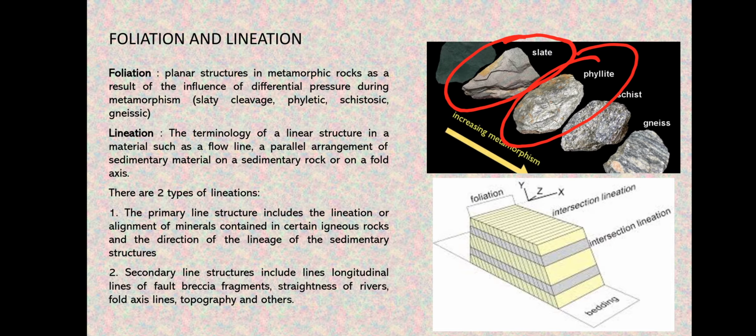So, first is slaty. Generally found in very fine grain, microcrystalline metamorphic rock, which is characterized by the presence of very tight, regular, and parallel planar planes. The rock is called batu sabak or slate.